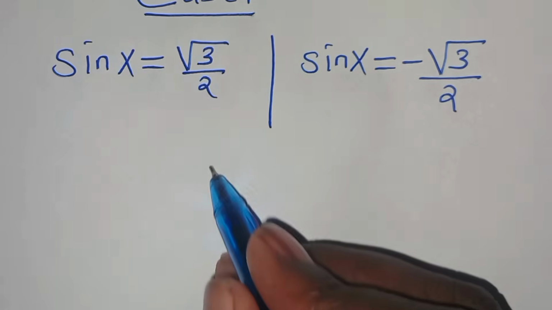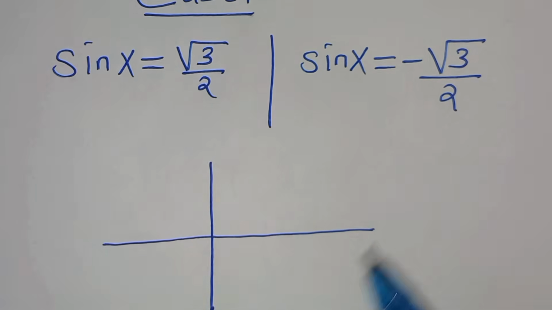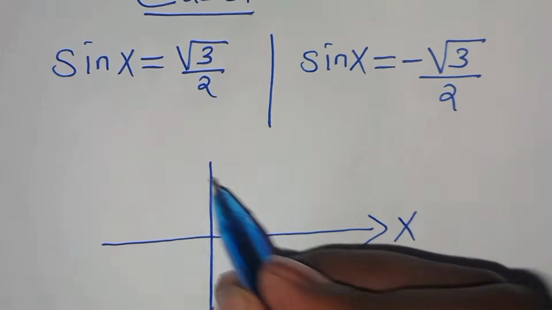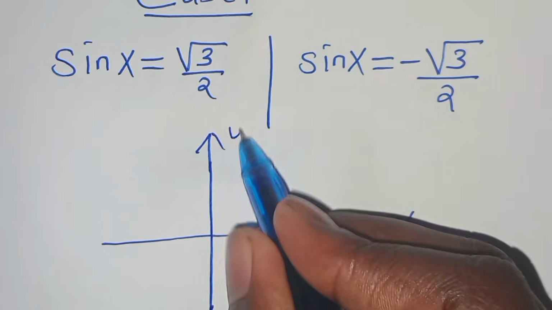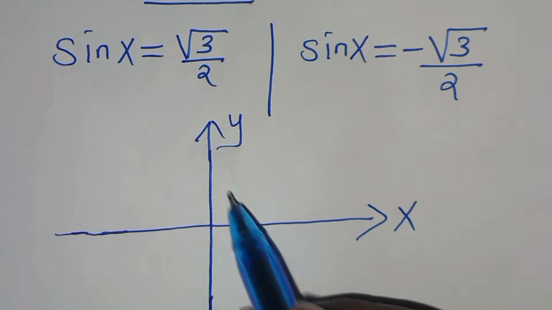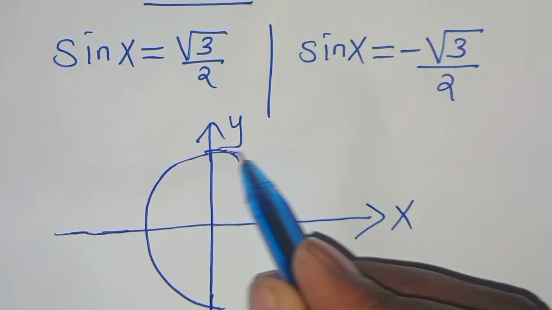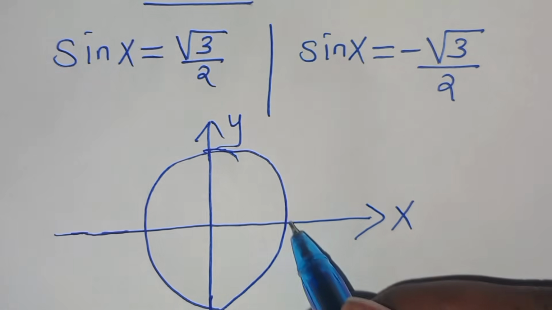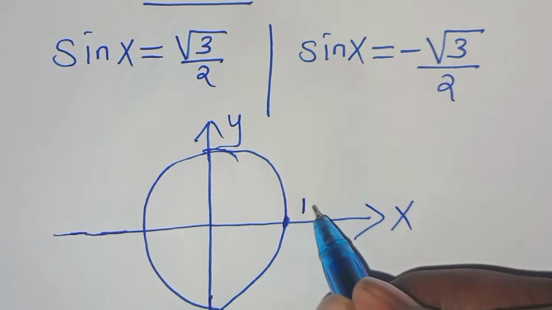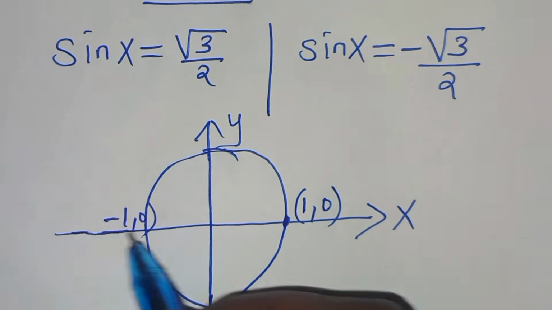So let's have a graphical representation of this. Let's have an x and y plane. This is the x-axis and this is the y-axis. Now we have got 4 quadrants here. Here we have 1, 0. Here we have negative 1, 0.